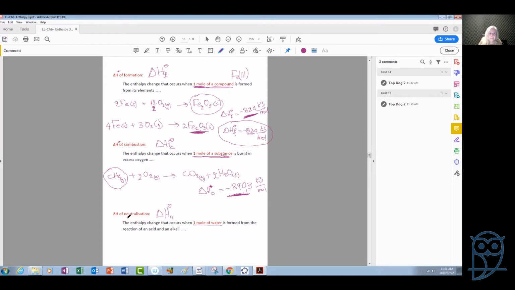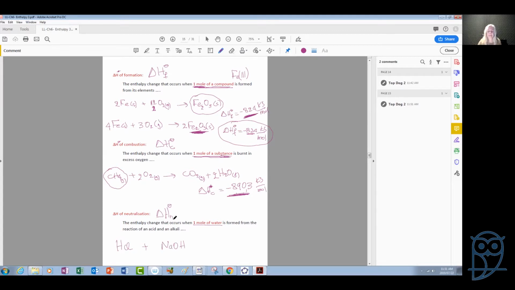And so let's just write a reaction like that. Neutralization. Here we have hydrochloric acid reacting with some base, which is sodium hydroxide. Now, because the base is aqueous, it's in water, in solution, we don't call it a base, we call it an alkali.